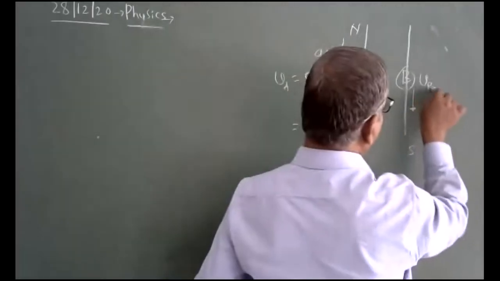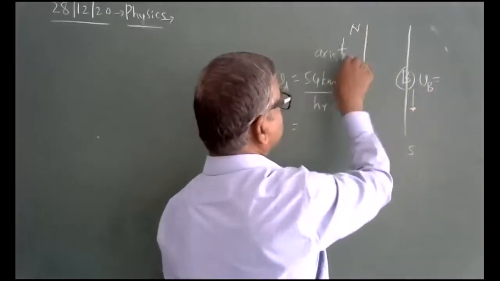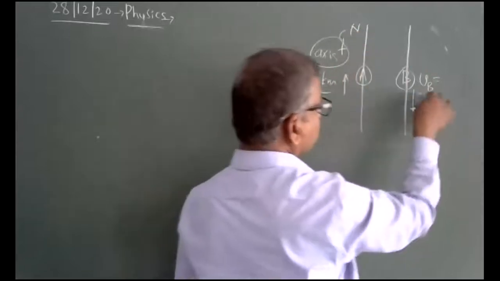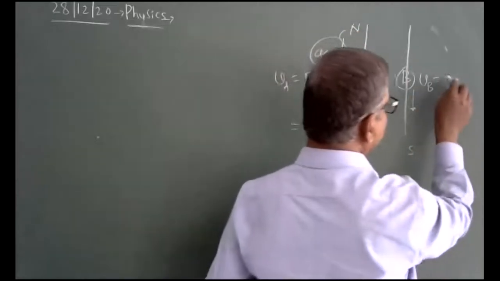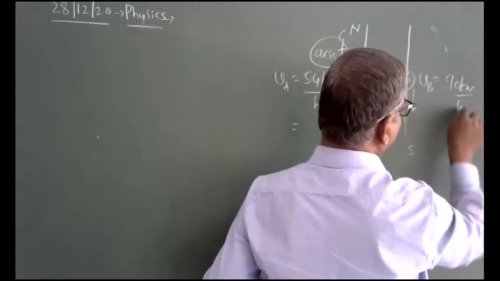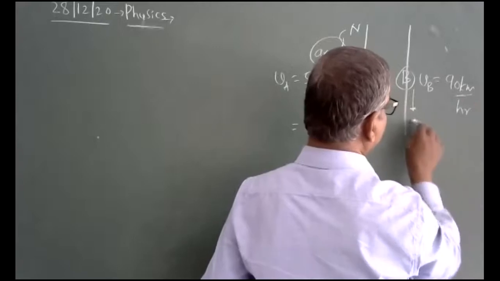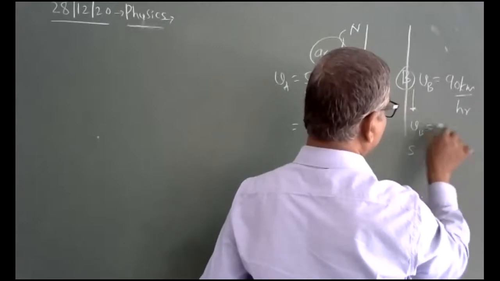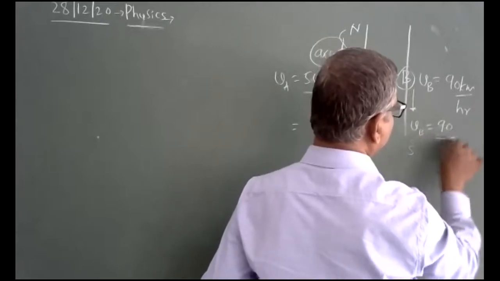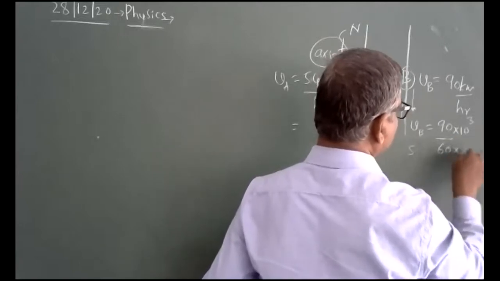Velocity of train B is moving opposite. North we take as the positive x-axis, and it is moving towards south, so we take it as the negative x-axis. It is 90 km per hour, and hence we will calculate this also. So velocity of B is going to be 90 kilo, meaning 10 raised to plus 3, hour meaning 60 into 60.